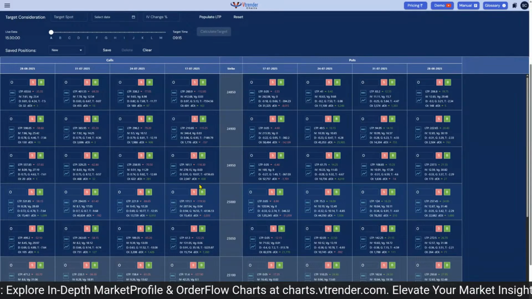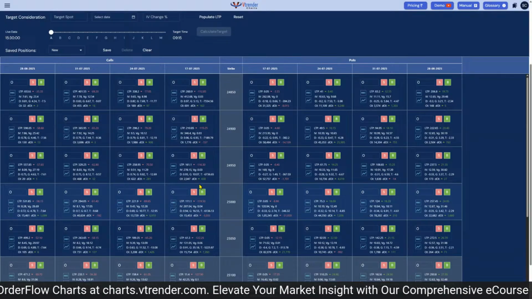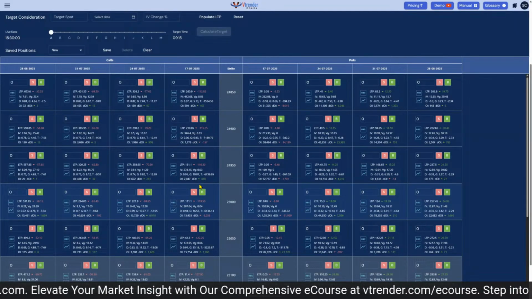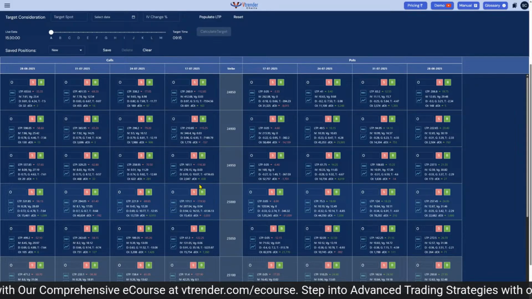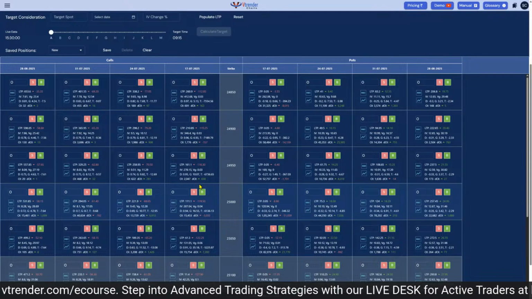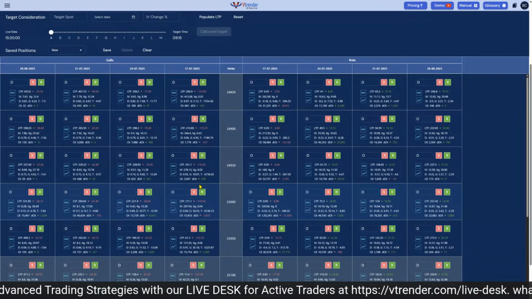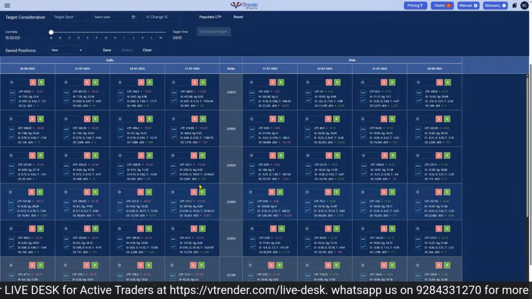Now, what exactly does this delta mean in terms of an option? If the instrument moves by about 10 rupees, and the delta of that option is 0.50, it will tell you that for the 10 rupees the instrument moved, the option would move by about 5 rupees. It's 0.50 delta or 50%.